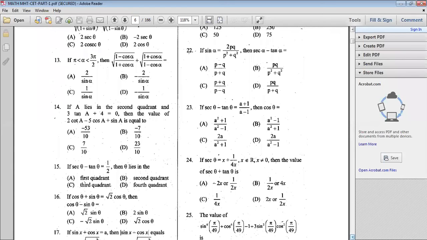Then we have to find 2 cot A minus 5 cos A plus sin A. So we have to find the value of this.